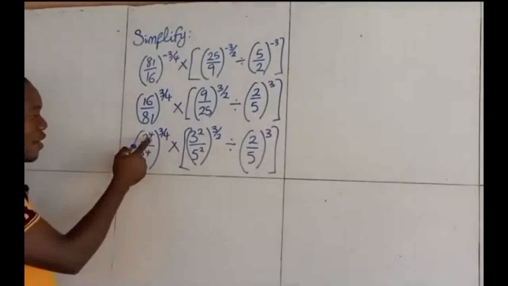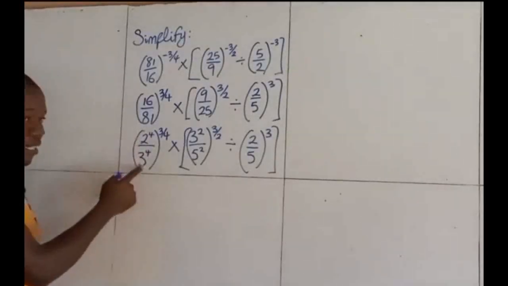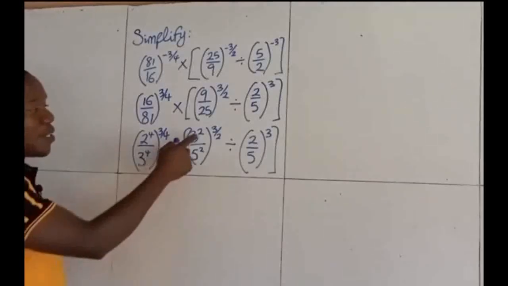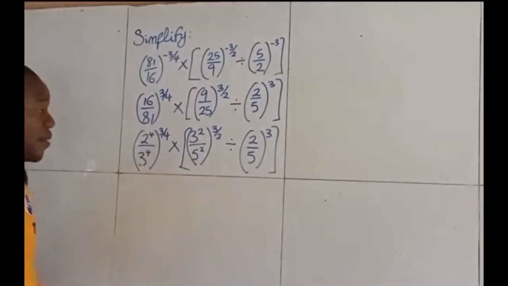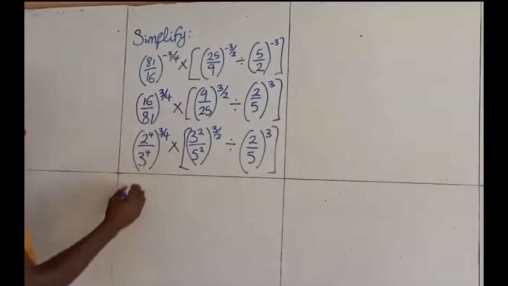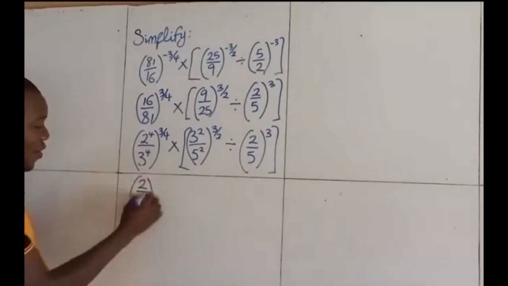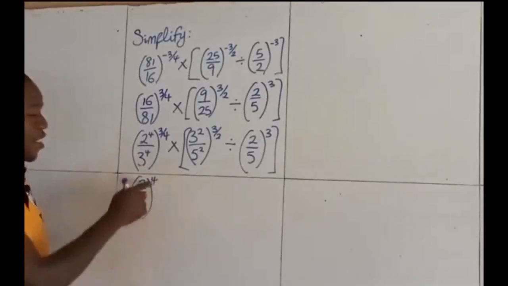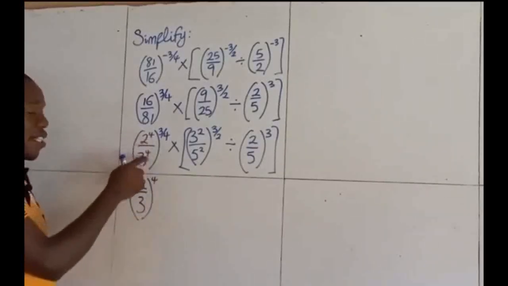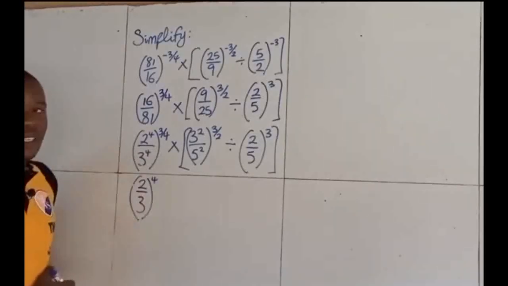So we have raised to the power 4 here, raised to the power 4 here. It's a common power to both numerator and denominator. We have raised to the power 2, raised to the power 2. It's a common power to both numerator and denominator. So we can bring it out as 2 over 3 all raised to the power 4. This raised to the power 4 is this power and this power. It's for both numerator and denominator. So we can actually bring it outside the bracket.